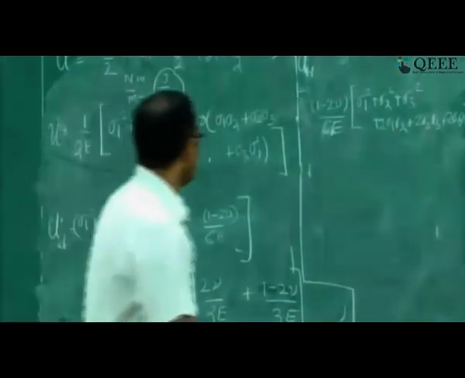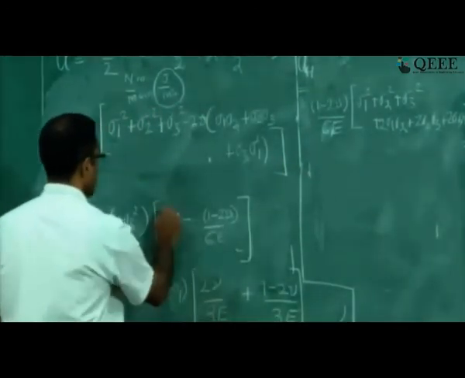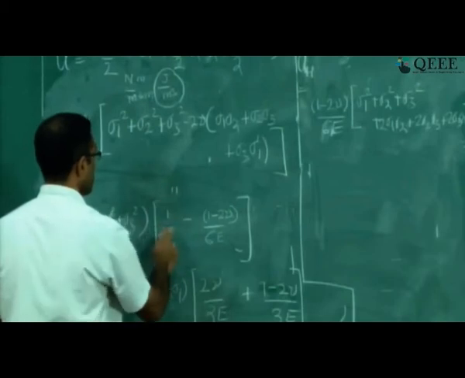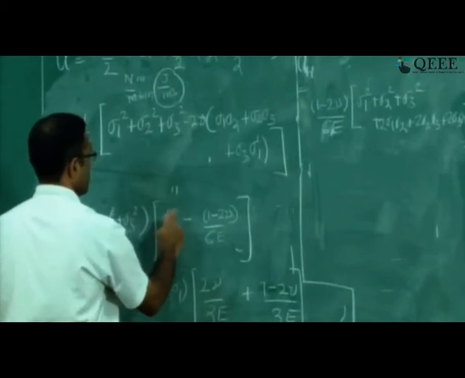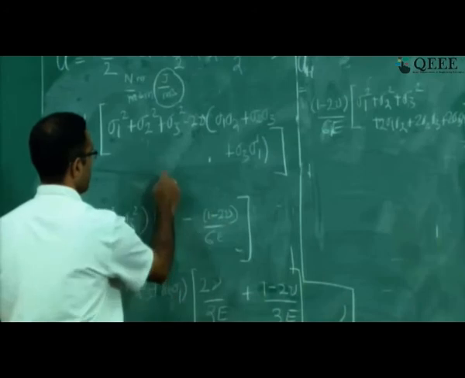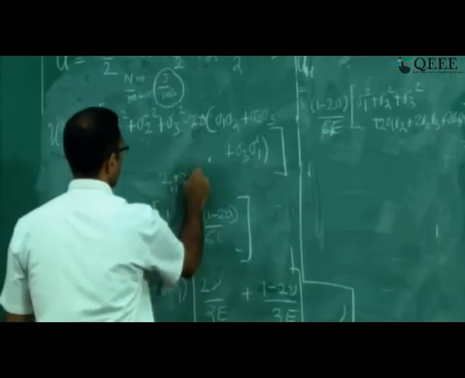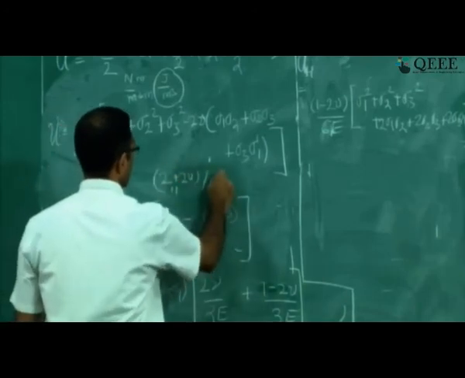Let's see what we get. So when we perform this operation, what do we get here? This one will reduce to 3 minus 1 plus 2 nu, that is 2 plus 2 nu divided by 6E.